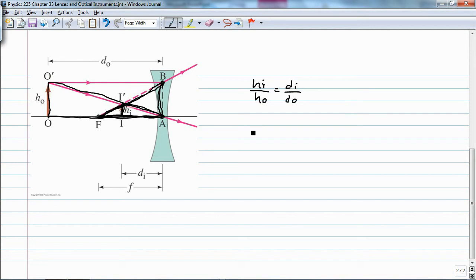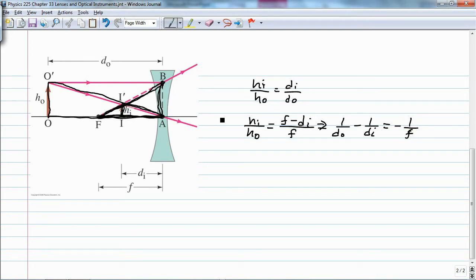And that gives us the equation of our image height over our object height is equal to the focal length minus the image distance divided by our focal length. And if we simplify this, we get 1 over our object distance minus 1 over our image distance is equal to the negative of the focal length.